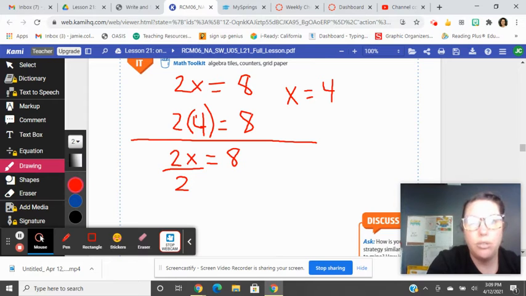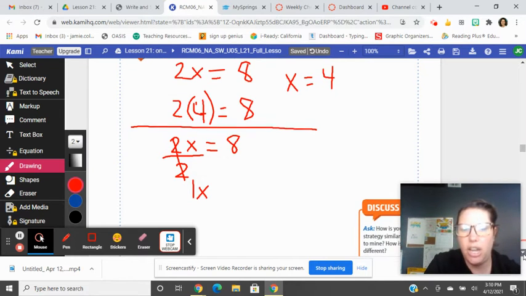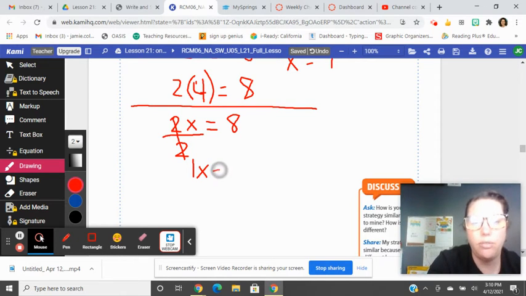And 2 divided by 2 becomes 1x. This is called isolating the x. Remember, 1 is already attached to the x as it is, so I really haven't changed anything except that I isolated the x. So now x is by itself because 1x is the same thing as x.